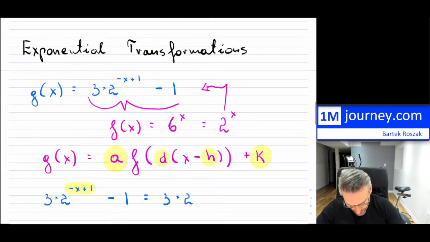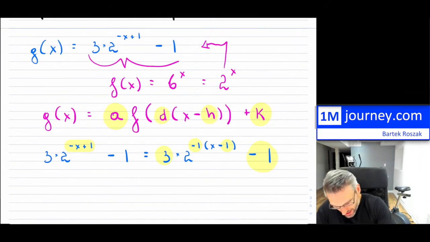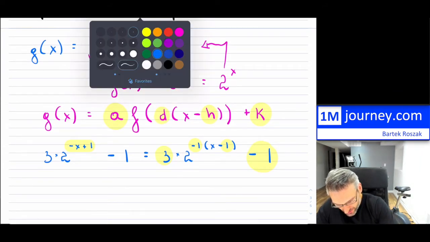Okay, now it will be, but what it will do is, when you factor it out, it's going to change your h. So notice this is what we're going to have, and then minus our 1. So here is our a, here is our d, which is negative 1, here's our h, and then here is our k.